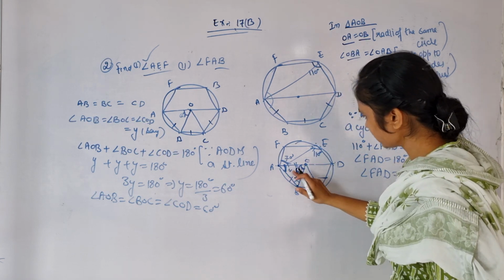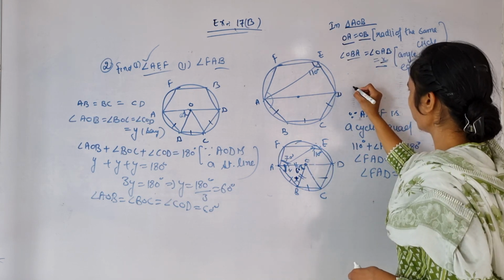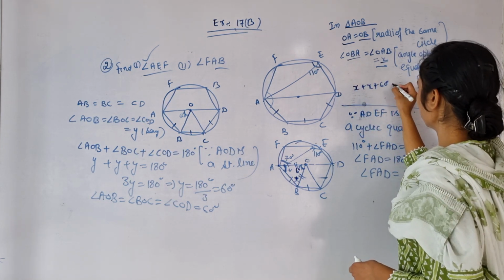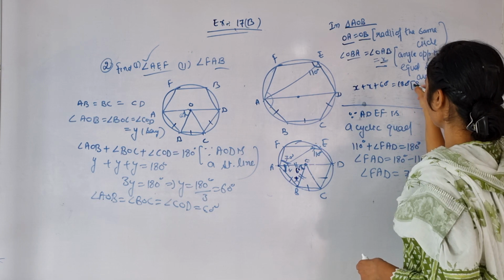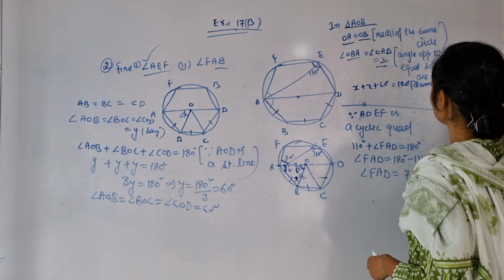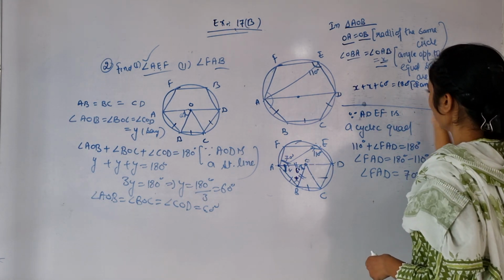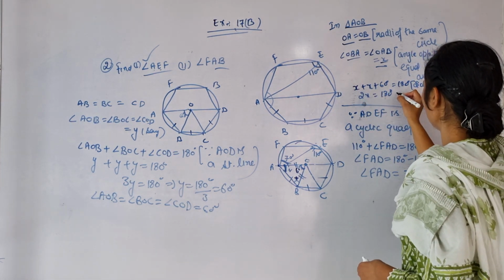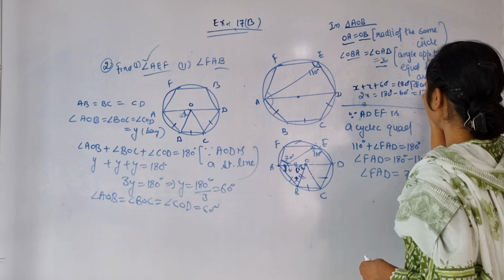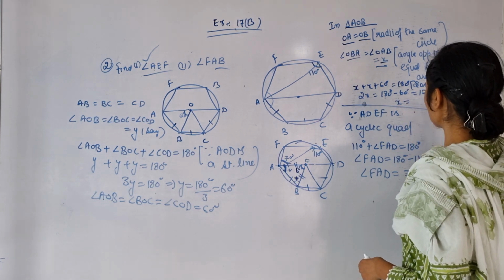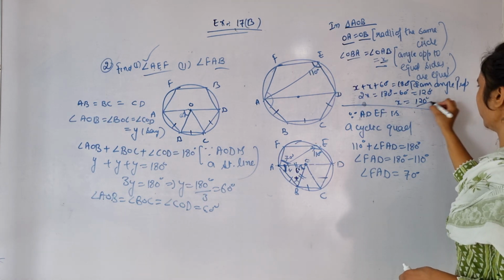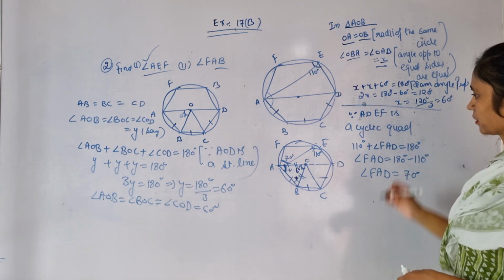So x plus x plus 60 degrees is equal to 180 degrees, by the angle sum property. So 2x is equal to 180 degrees minus 60 degrees, which is 120 degrees. Means x is equal to 120 degrees by 2, which is 60 degrees.